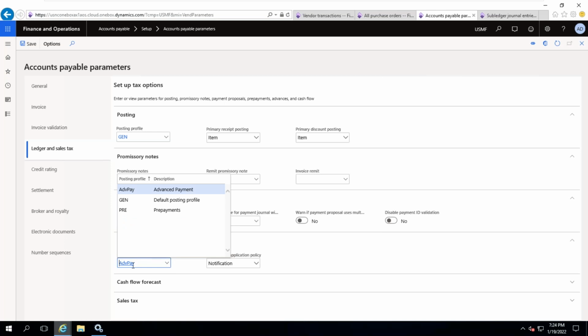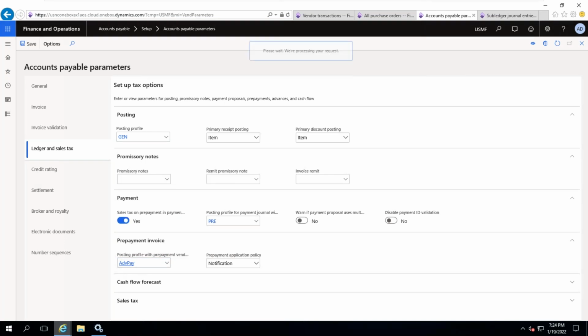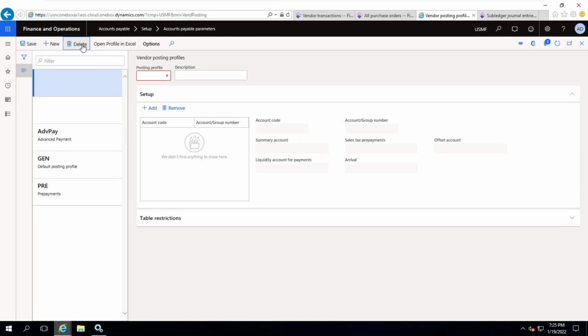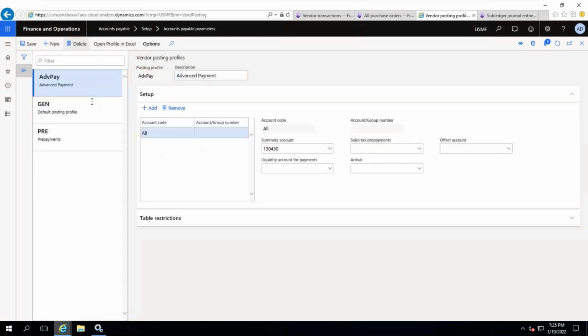If you go inside the posting profile, this is prepayment invoice, and if you want a separate ledger account, you can map it as a separate ledger account. Got it? Regularly it is a liability. Look at this one. Regular posting, it is a liability. Now we have mapped advance payment. Agree?